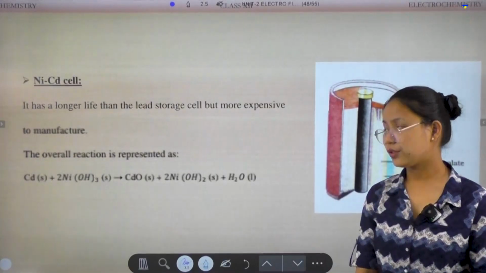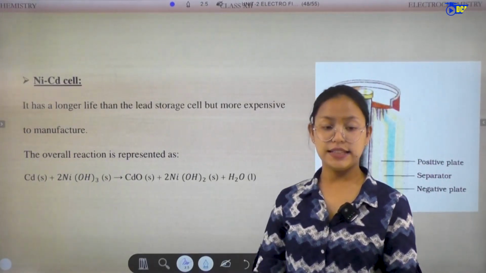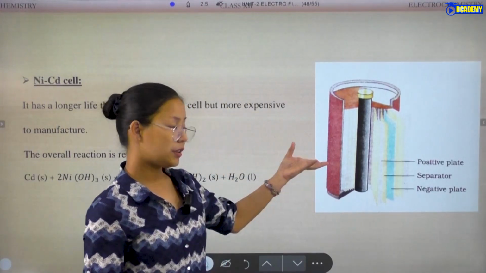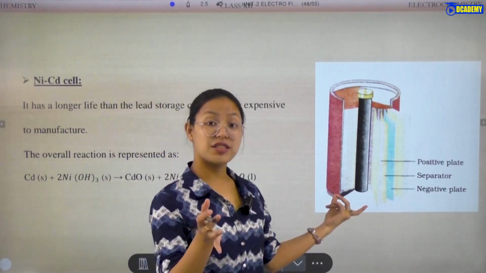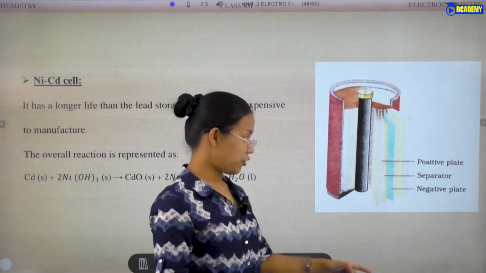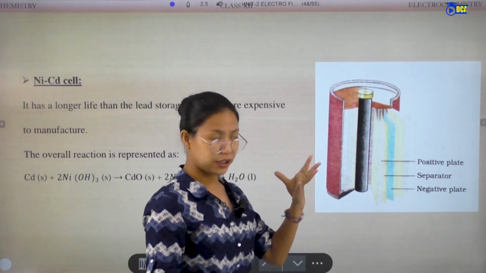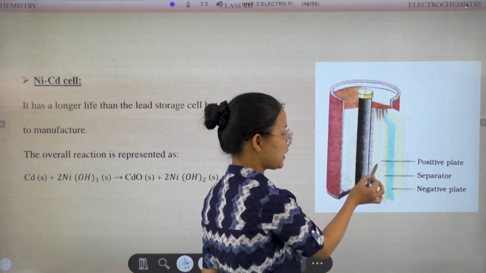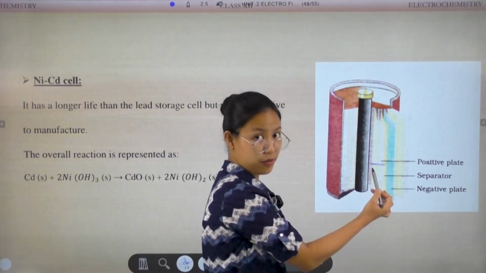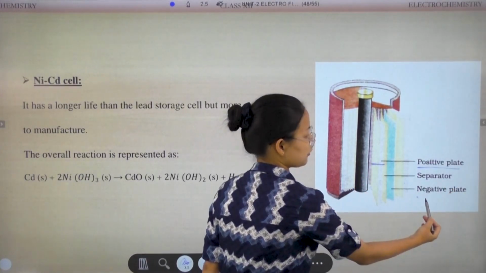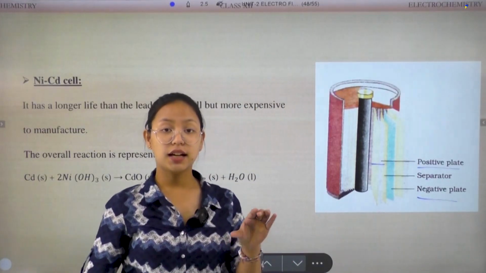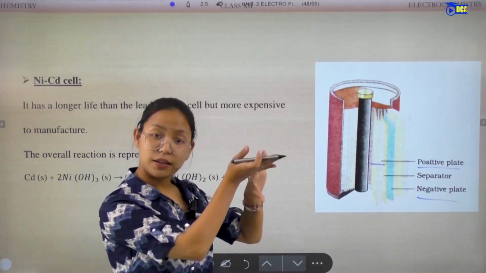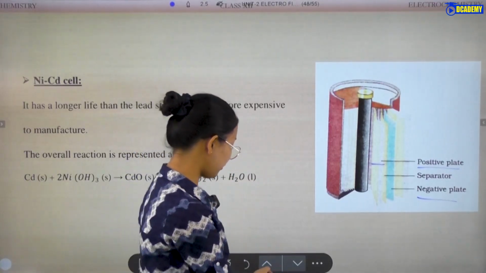Now let's go through the nickel cadmium cell. You might have come across the dry cell and the mercury cell. Here are the layers: a positive plate, a negative plate, and a separator between the anode part and the cathode part.